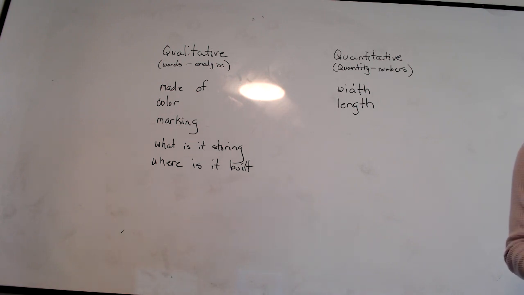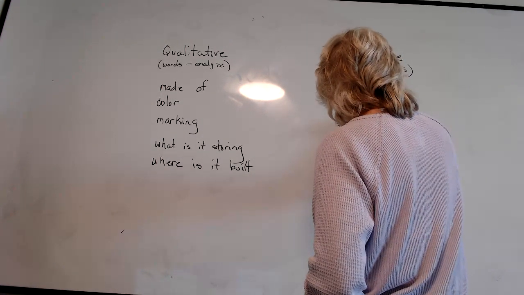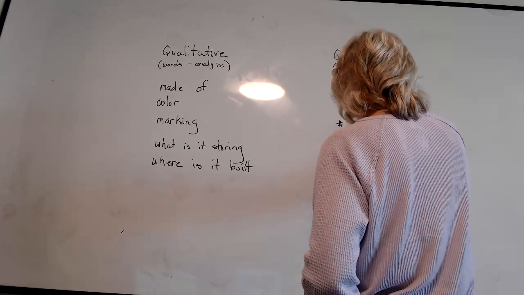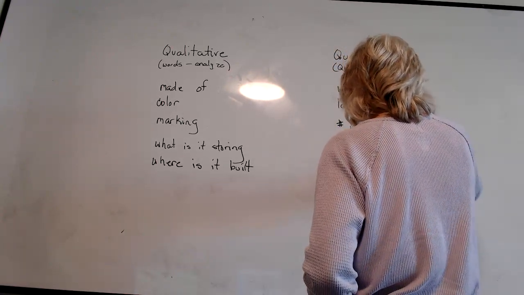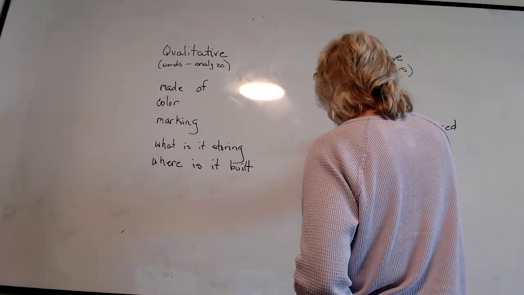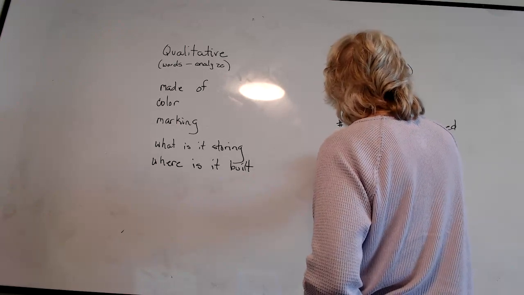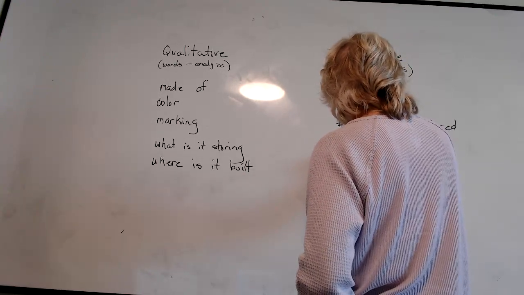Maybe how many storage compartments it has, or how many things it's actually storing. Okay, so we could look at how many items being stored. How deep it is. Oh, yes, the depth. That's how I spell it. There you go. And the number of compartments.